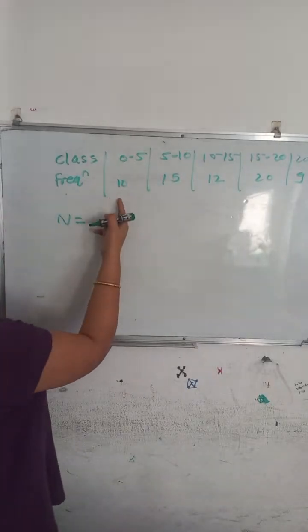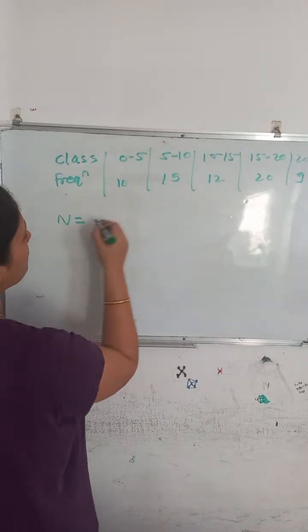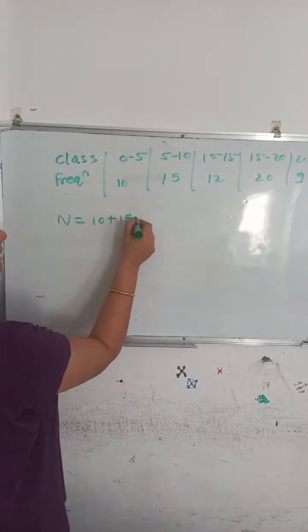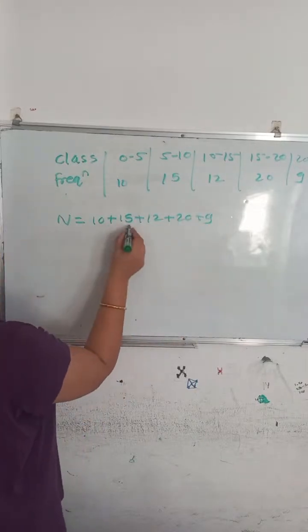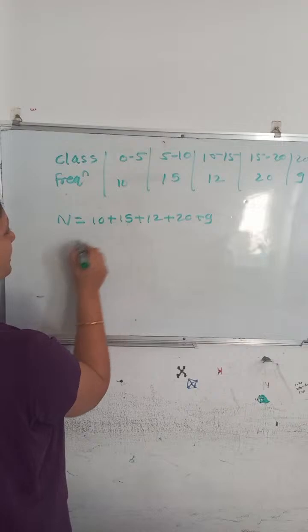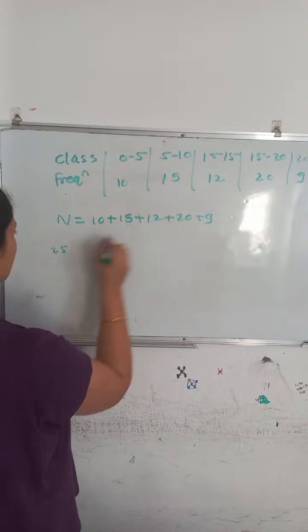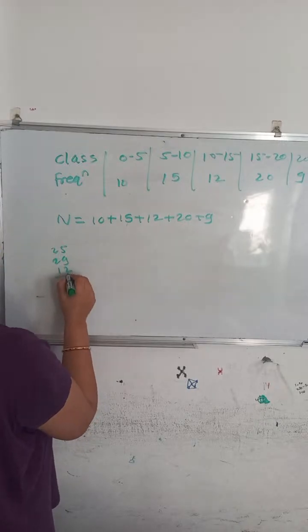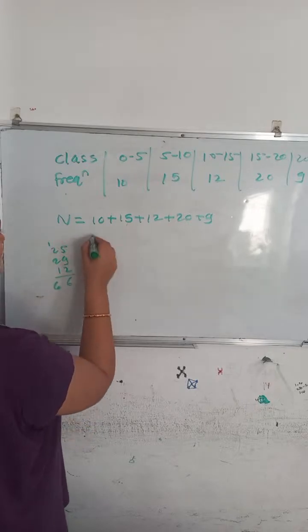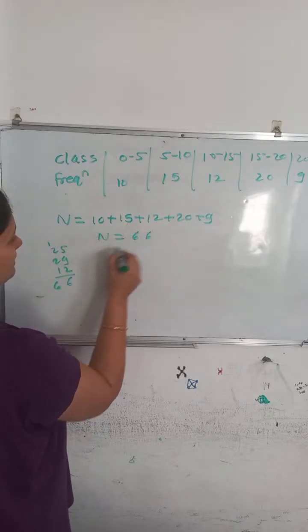How to find n? Add all these numbers: 10 plus 15 plus 12 plus 20 plus 9. 10 plus 15 is 25, this is 29, and the last is 12. So n is nothing but 66.